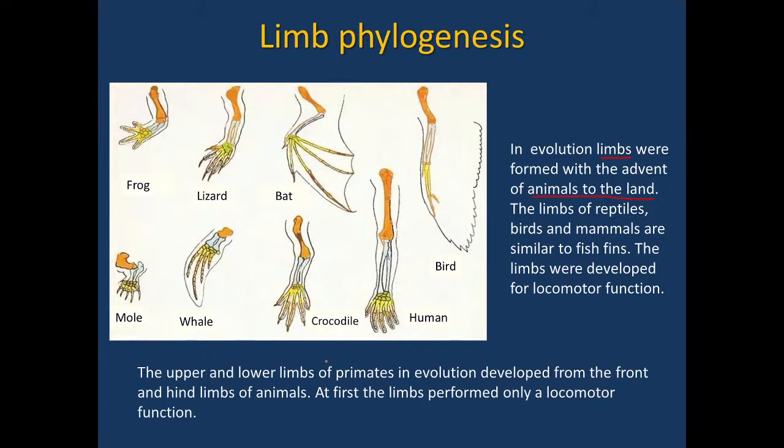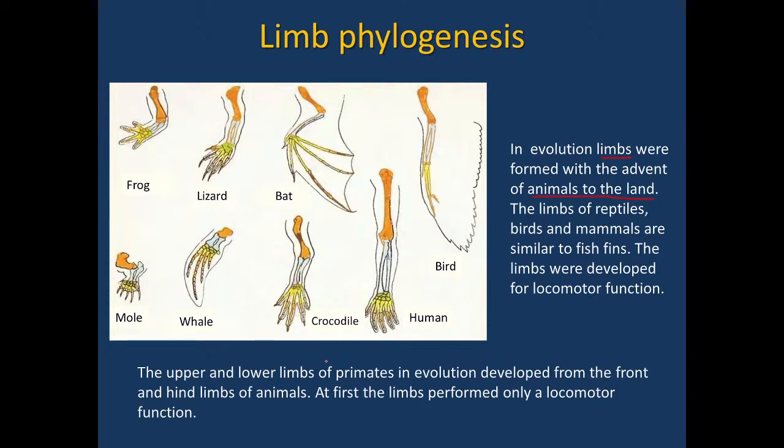And animals, in difference with humans, have front and hind limbs. People have an upper limb and a lower limb.